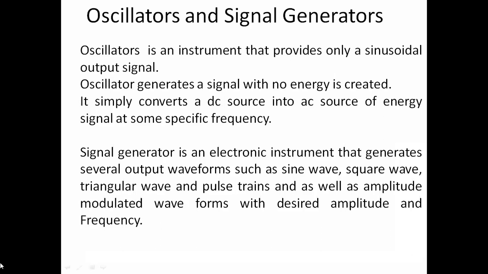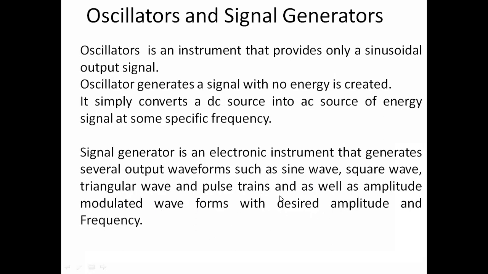Whereas coming to the signal generator, a signal generator is an electronic instrument that generates several output waveforms. So a signal generator produces different forms of waves. That is sine wave, square wave, triangular wave, and pulse trains, as well as amplitude modulated waveforms, with desired amplitude and frequency.